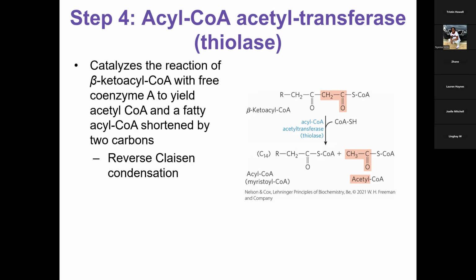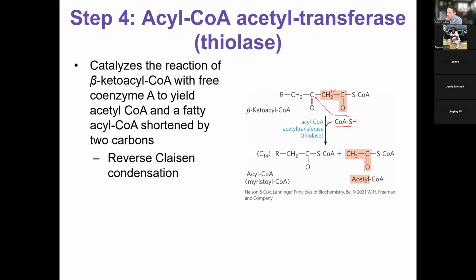So with the last step, you're saying that the CoA that has the SH will attack the carbon with the most carbons already on it to make fatty acyl CoA and then regular acetyl CoA? Yeah, so what happens is that a CoA, which is present, that sulfur will come in and attack the beta carbon.